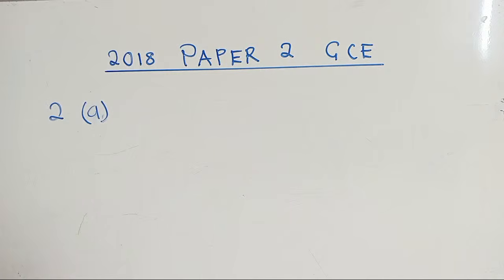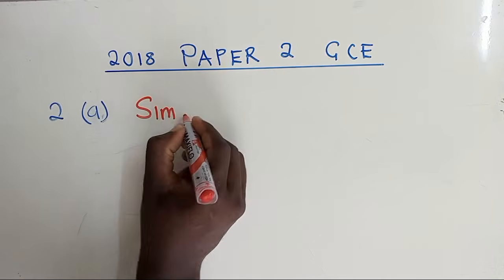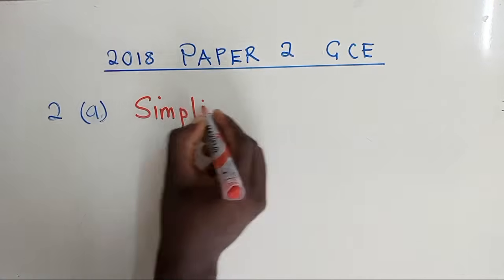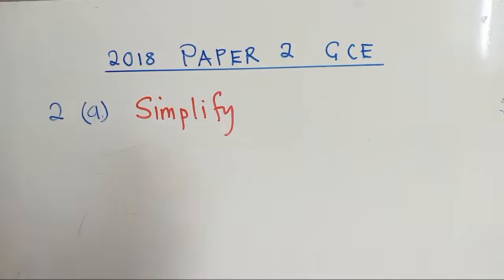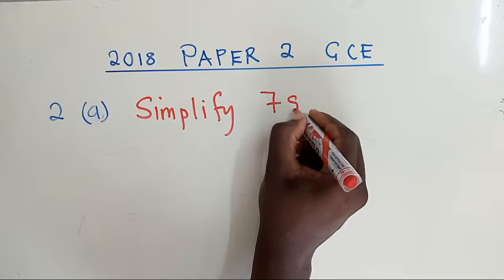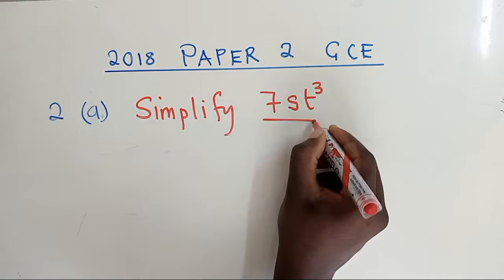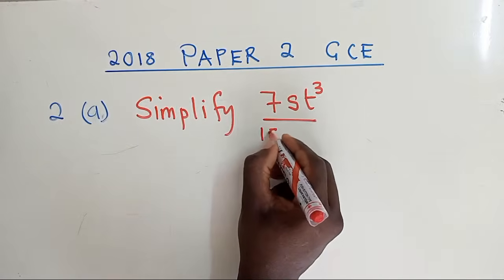So 2A, I've been told to simplify. I'm using red now, my blue marker is finished. Let's hope you'll be able to see. So I've been told to simplify here, and this is what we have.